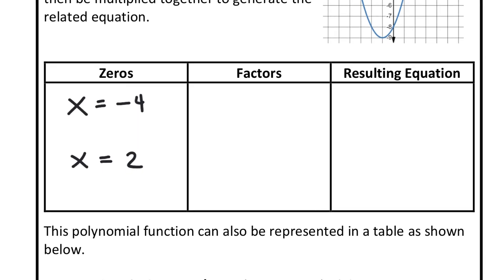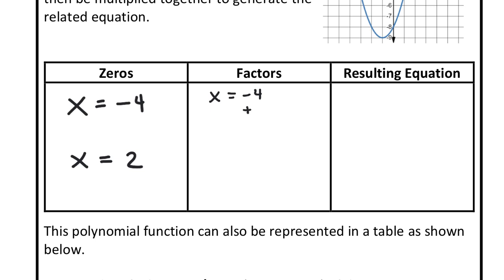Right, so we're going to write these two zeros as factors. Now, to write them as factors, I'm going to copy one on the factor side. Let's copy that one first. And what we're going to do is the opposite. So what's the opposite of a -4?